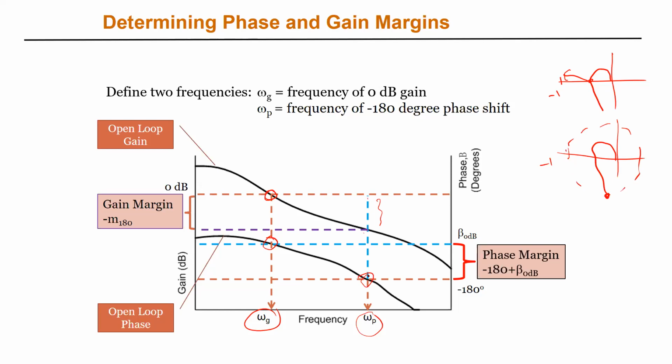This corresponds to this point, the gain equal to 1, the 0 dB. Go down, read, and see how much you go to the 180 degrees. Any question here?